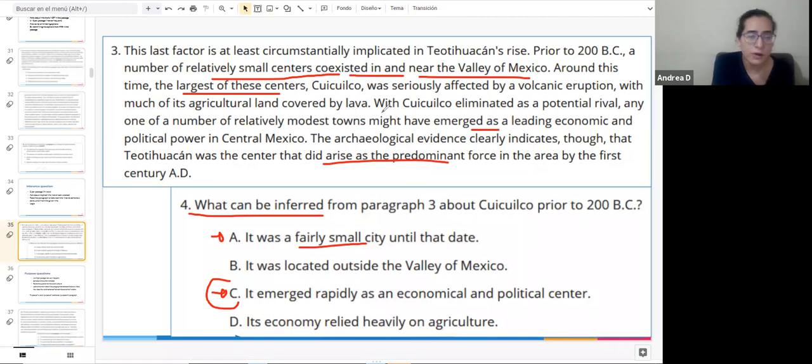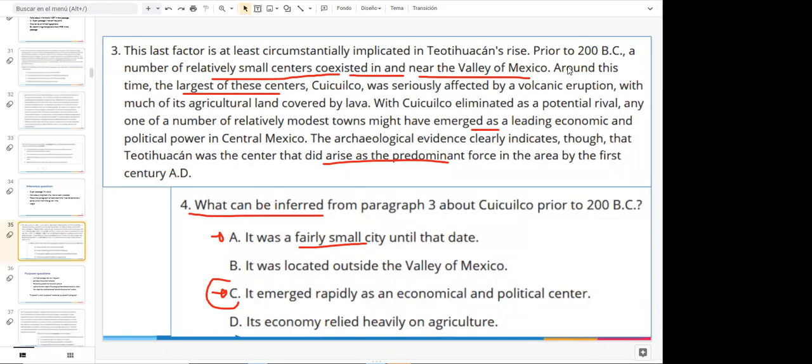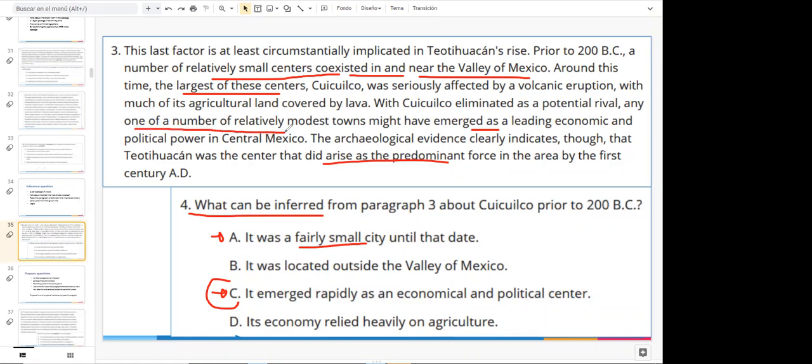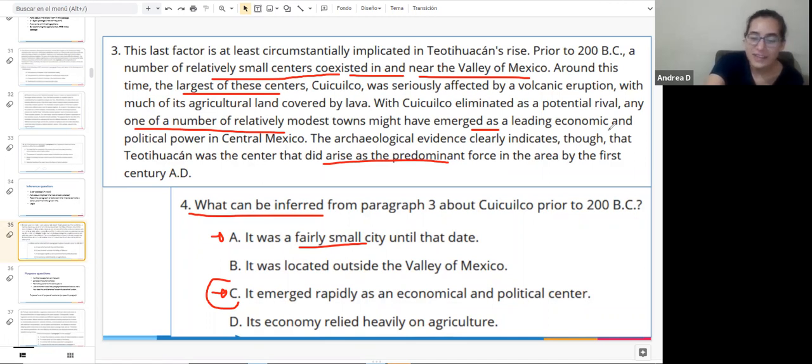Because they said with Cuicuilco eliminated as a rival, any one of a number of relatively modest towns may have emerged as a leading economic and political power in Central Mexico. Yeah, you're right. You know what I mean? So they are not referring to Cuicuilco when they say any. Okay, yes, you're right. So it's not C. I don't think it's C. I don't think it's A either.